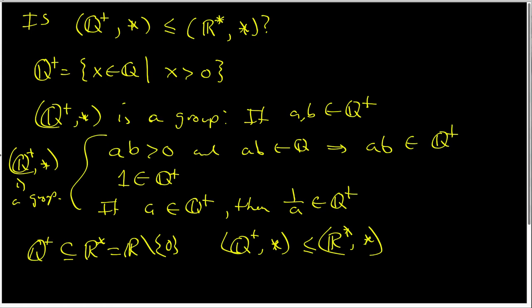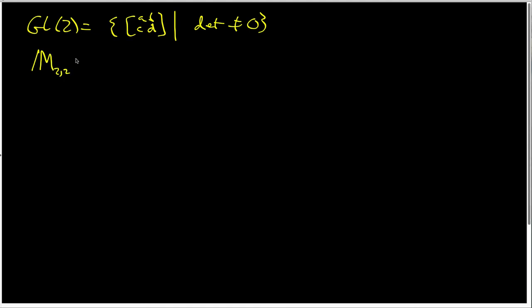Let's wind up this one with one last example. This is coming from matrix stuff. I want you to recall that GL2 is the set of 2 by 2 matrices where the determinant is not equal to 0, and M22 is simply the set of all 2 by 2 matrices, where A, B, C, and D are all real numbers.